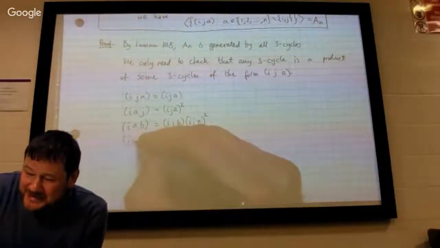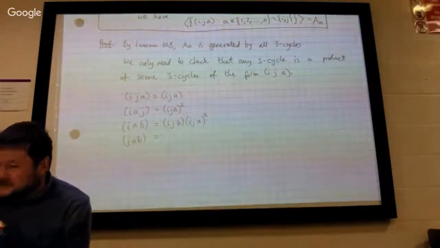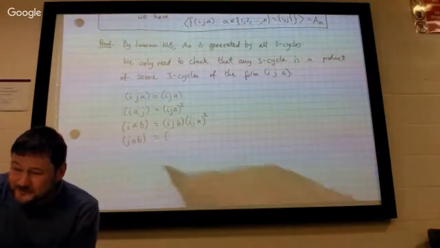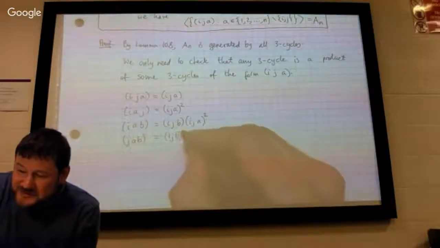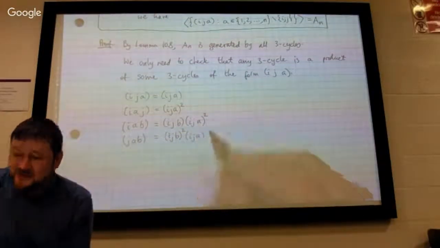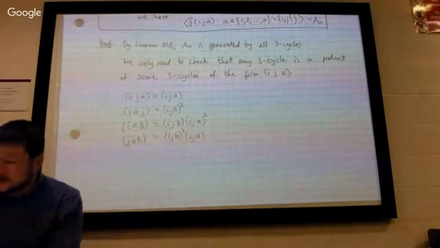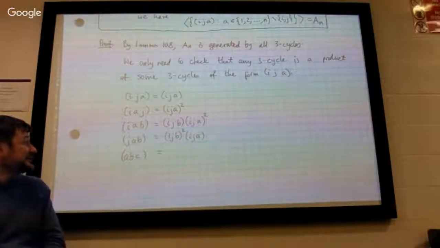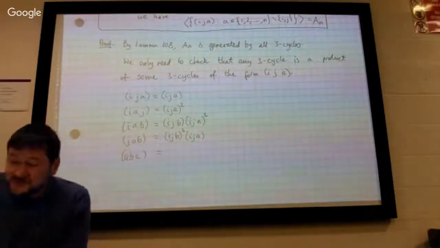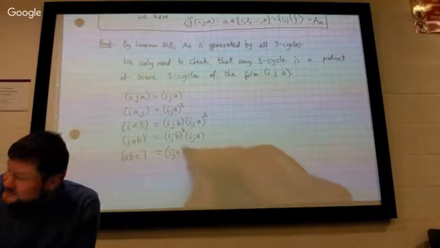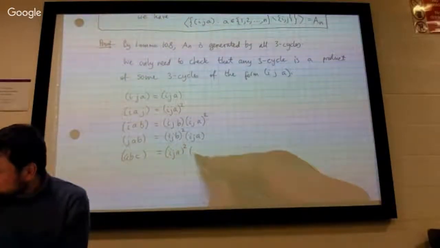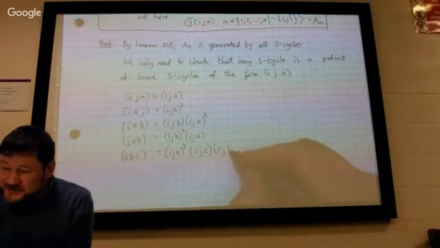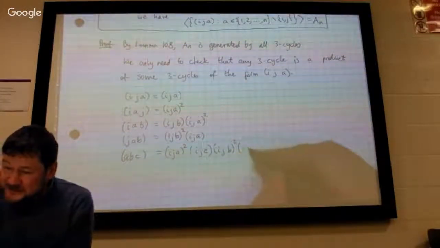Then if it's (j a b), then of course you can do (i j b) squared, (i j a), whatever. And finally, (a b c). So if neither i nor j is there, then you can write it as (i j a) squared, (i j c), (i j b) squared, (i j a).